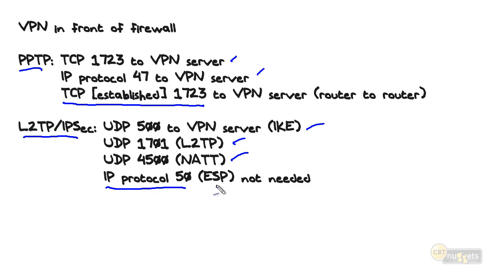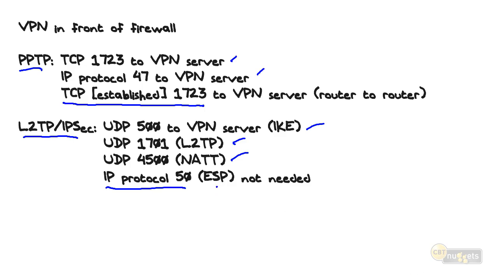That is the ESP header, so that's the encapsulating security payload, but that actually gets removed by the IPsec components before the L2TP packet is passed on to the VPN server. So in the Windows world, the RRAS server. So you don't explicitly need those coming through the firewall that way. So that's when the VPN server is connected directly to the internet, and there is a firewall between it and your internal network. These are the things that are going to have to be set up.